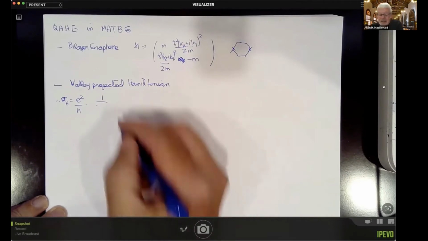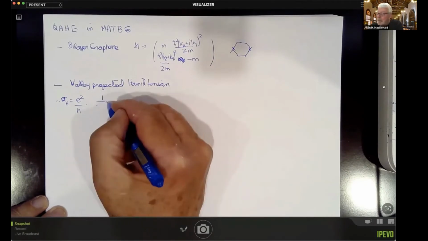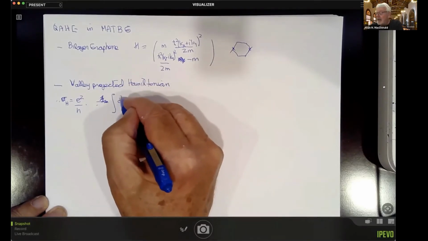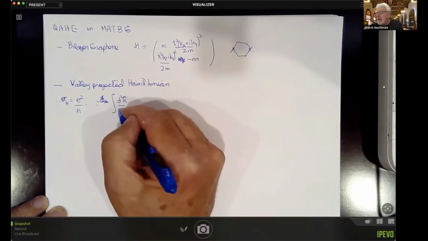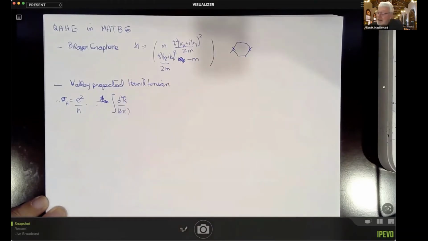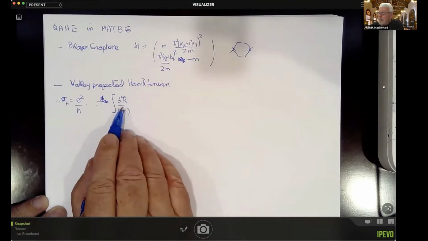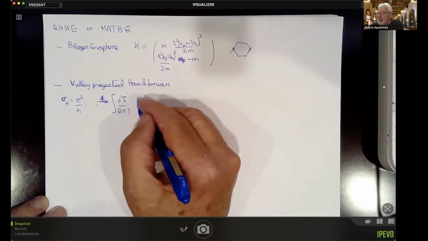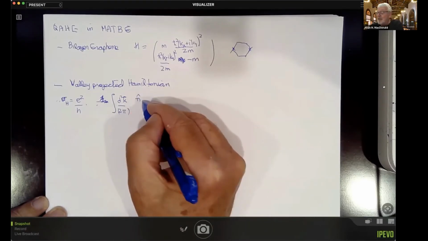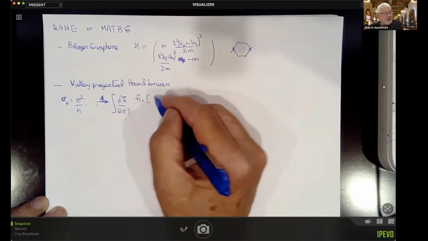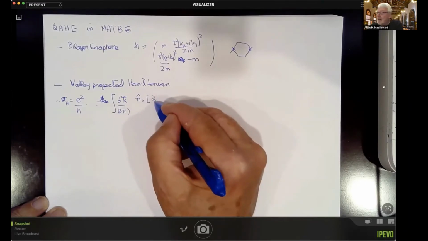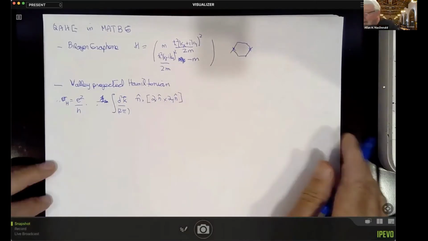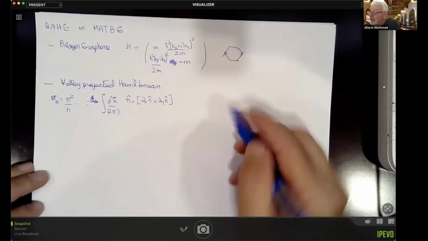And the result is that the Berry curvature, the local contribution to this integral from each k, is just proportional to the area on the Bloch sphere that you map out in each little interval of momentum.